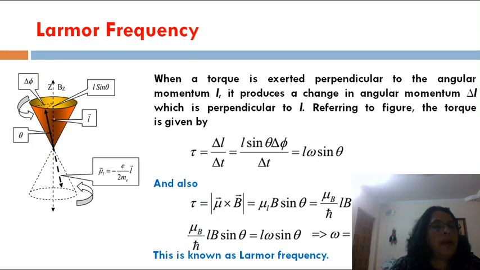This orbital angular momentum is changed, and that change has components: L cos θ is along the field, and L sin θ is the other component. So when a torque is exerted perpendicular to the angular momentum L, it produces a change in angular momentum. Let that change be ΔL, which is created in time Δt. Therefore, this torque we can take as ΔL/Δt.